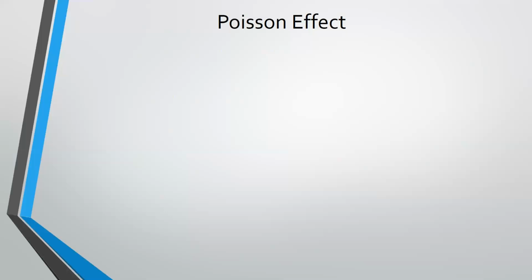So the Poisson effect is the idea that if you have some type of material and you act on it with a force in a particular direction, we'll say this is the x direction, I think we're all in somewhat of agreement that it's going to extend.